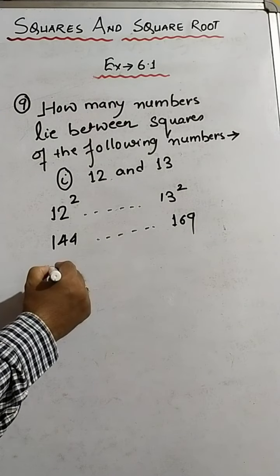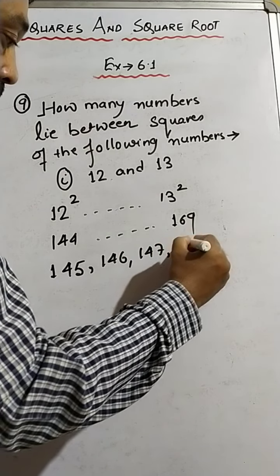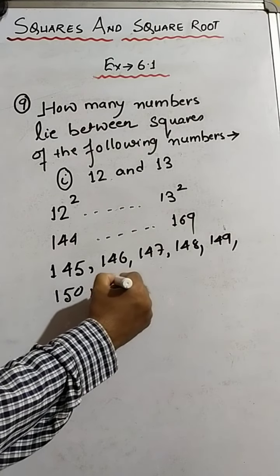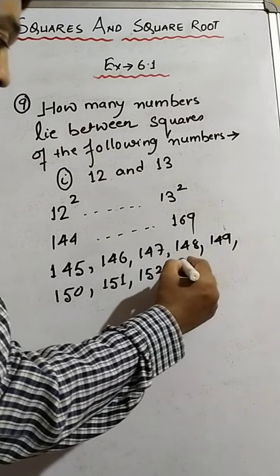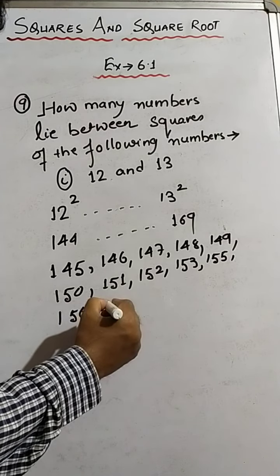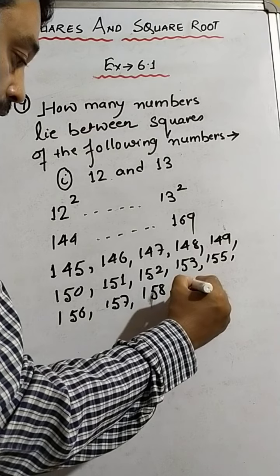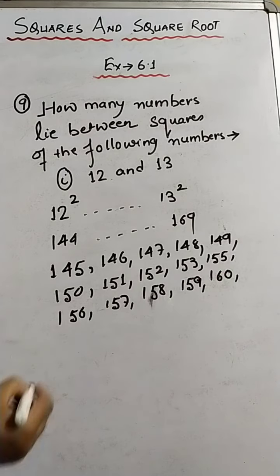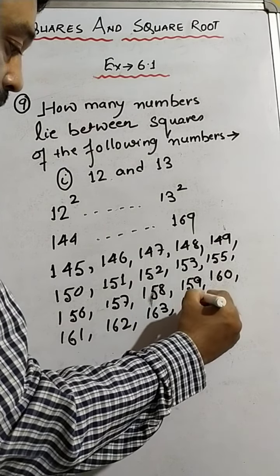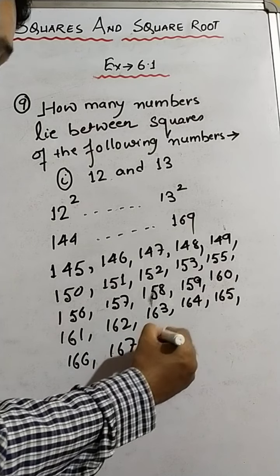So in between 144 and 169, how many numbers are coming? So let's just write it down. 145, 146, 147, 148, 149, 150, 151, 152, 153, 155, 156, 157, 158, 159, 160 and 161, 162, 163, 164, 165, 166, 167, 168.